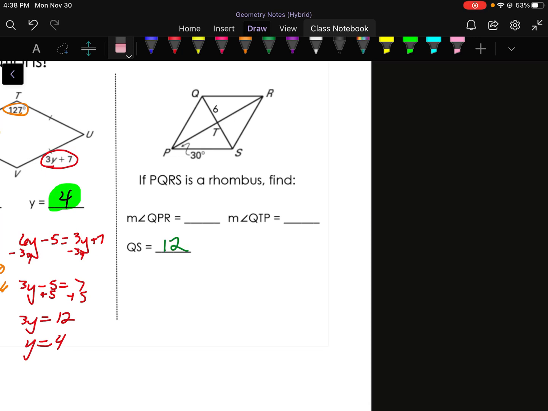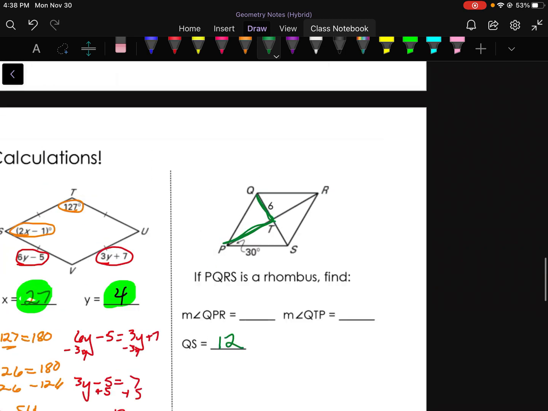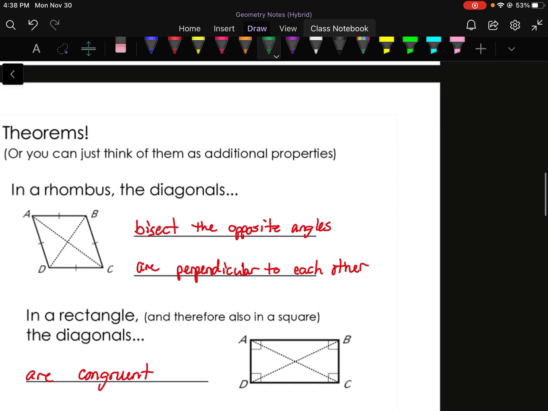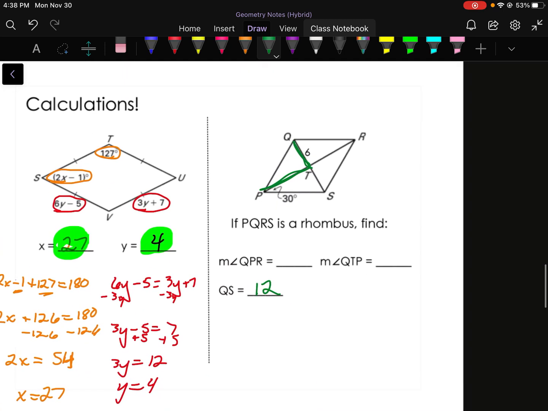QTP also should be pretty easy. Angle QTP. If you look at the properties of a rhombus, they bisect and they are perpendicular, which means when the diagonals meet, like they are here, they form a right angle. So that would make that 90.